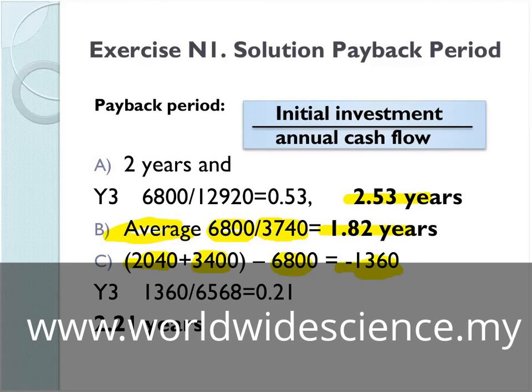This is the value you need to return to close your investment costs, and that means we need 2 years, and from the third year we need 0.21 years, around 2 months only. We take the value that we need to close our investment cost, which is 1,360, and divide it by the profit generated in year 3, which is 6,568.